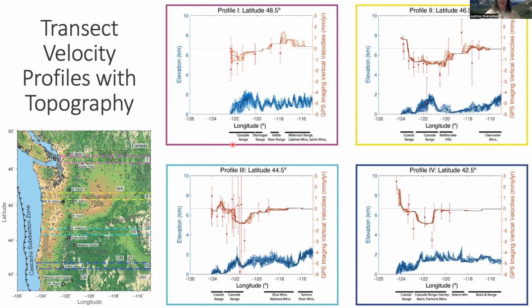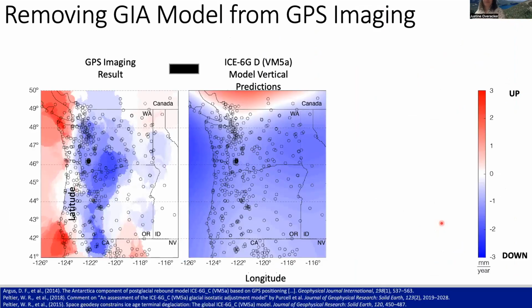I also added some geographic features for reference. For each of these, there's an additional 20 kilometers of padding around the center latitude transects, just to illustrate a wider range of trends. What these profiles really confirm is that the greatest amount of subsidence here, here, here, and here roughly corresponds to the location of the Cascade arc.